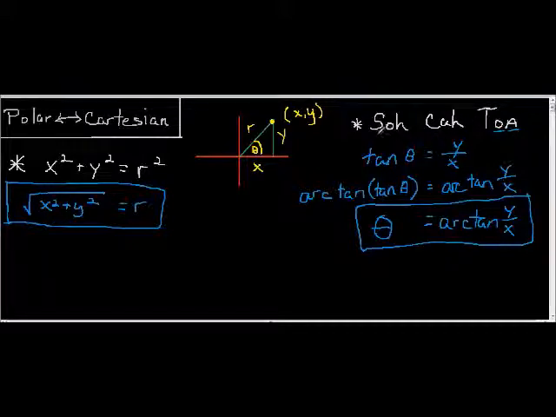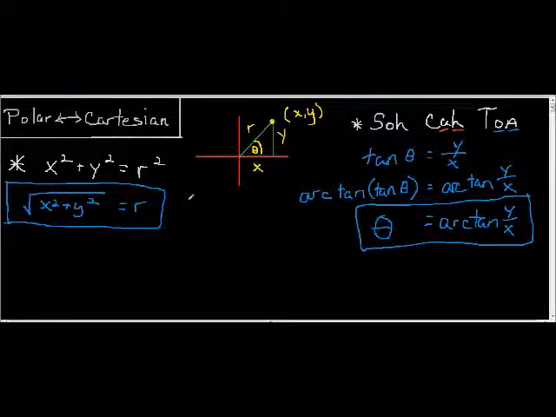What trig identity involves x and r and theta, of course? Well, x is our adjacent to theta, and r is our hypotenuse. So what trig identity involves adjacent and hypotenuse? Well, that's our cosine. There's our adjacent and there's our hypotenuse.